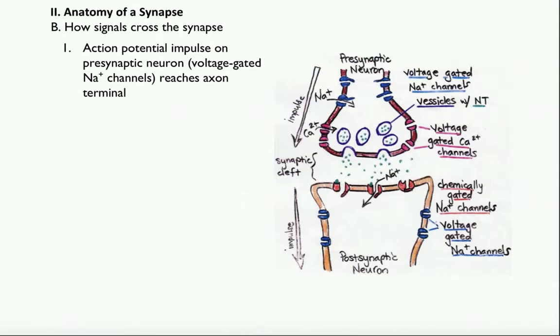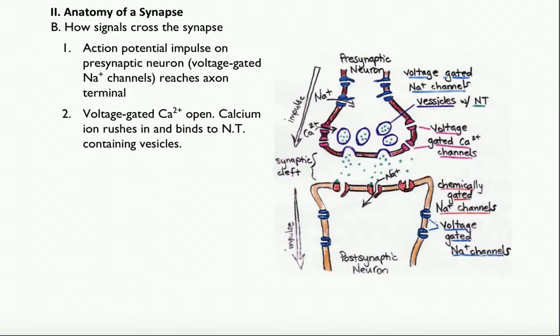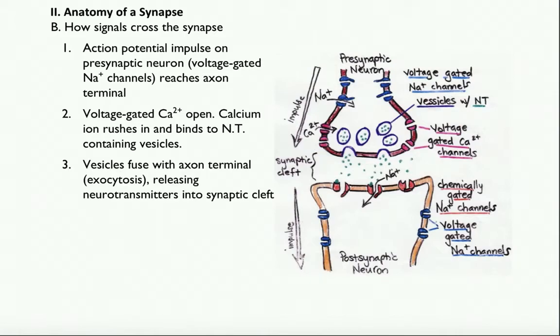Step 1, we have our action potential inducing those voltage-gated sodium channels to open up like any other action potential, but they're about to hit the end of the axon, at the axon terminal of the presynaptic neuron. That's going to kickstart step 2, the voltage-gated calcium channels opening, which allow them to bind the neurotransmitters, which is going to then trigger step 3, the release of neurotransmitters into the synaptic cleft.